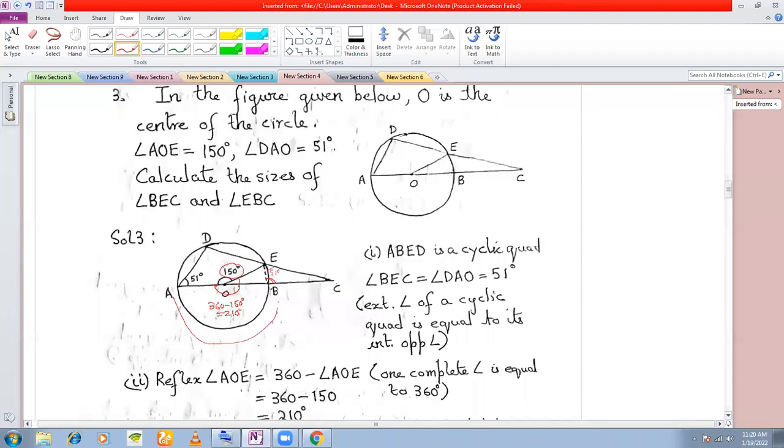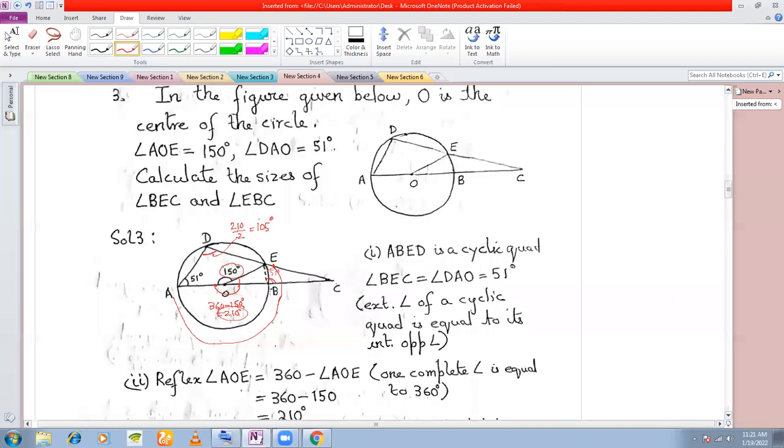The angle subtended by this arc at the center is 210. And what is the angle subtended on the remaining part of the circle? This one. So this angle will be 210 divided by 2, which is equal to 105, because the angle subtended by an arc at the center is double the angle subtended by it on the remaining part of the circle.